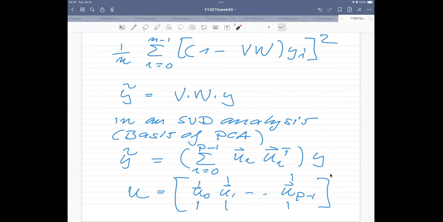We are reducing the dimensionality of the system. So if you have 1,000 orthogonal vectors, and you keep only the 10 first, which correspond to the largest eigenvalues, which are the largest variances of the covariance matrix, then that is a truncation. We reduce the dimensionality of the system. So a principal component analysis is a way to reduce the dimensionality of a system.